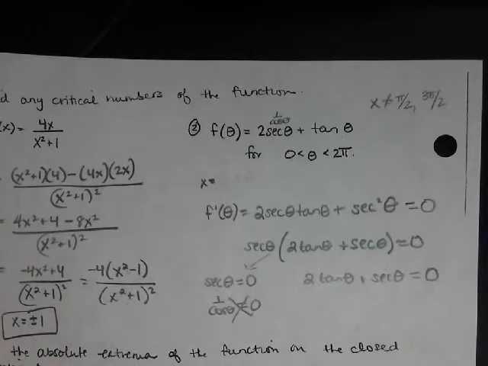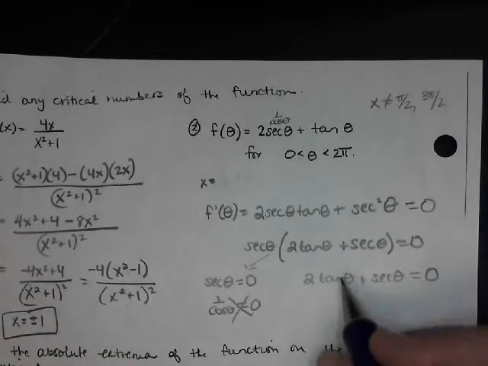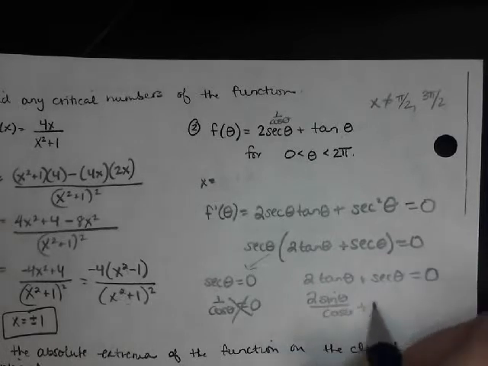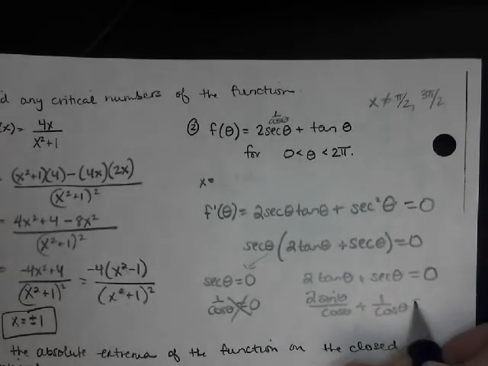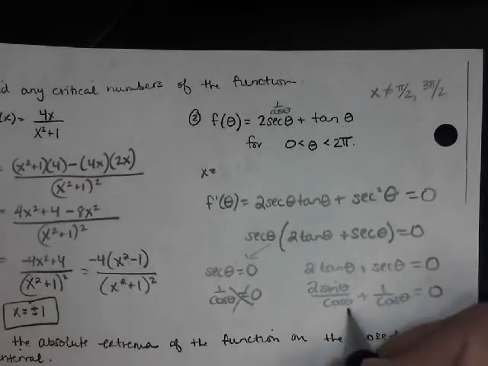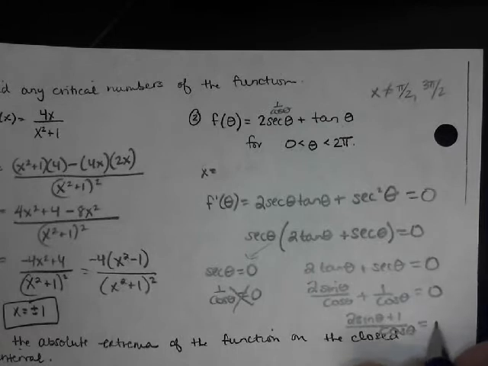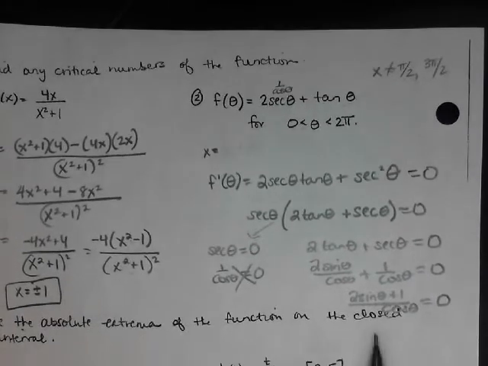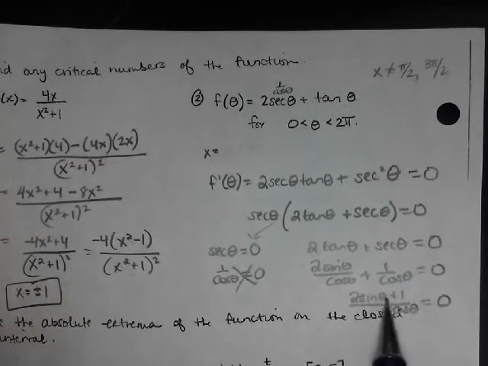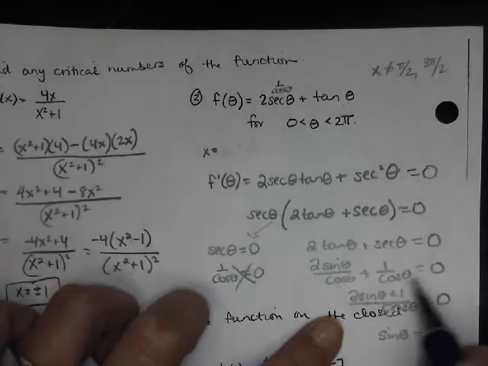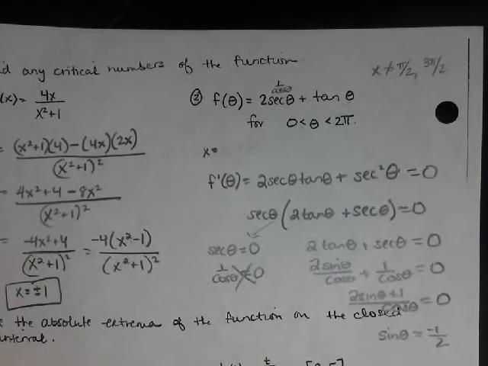In this particular solving, what's nice about tangent and secant is that tangent is sine over cosine, and secant is 1 over cosine. So these already have a common denominator. So you can just combine them. 2 sine of theta plus 1 over cosine theta equals 0. The only place a fraction is going to equal 0 is if the numerator equals 0. So sine of theta would have to equal, if you subtract 1 and then divide by 2, negative 1/2.